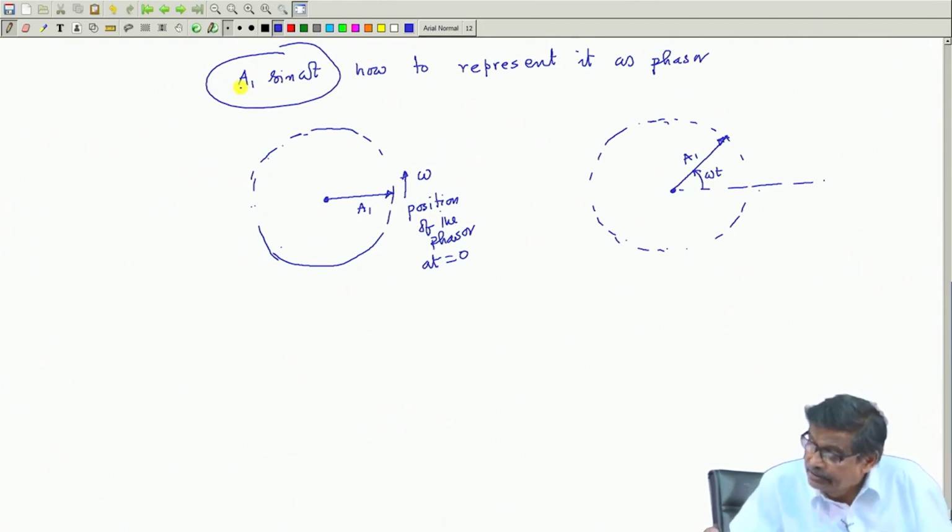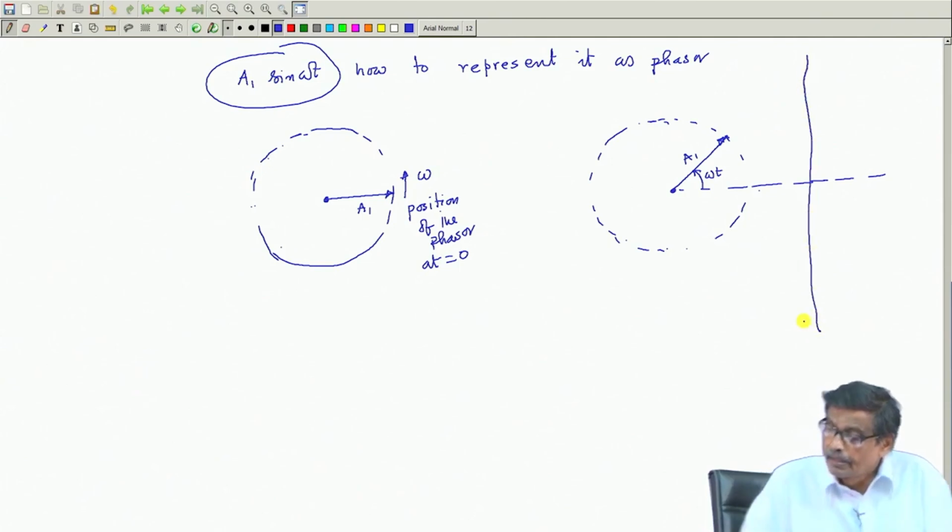Okay, now why is it called a phasor? Because what you do is this: draw a vertical line to the t equal to 0 position, it has gone there. What will be this intercept? This length will be how much?